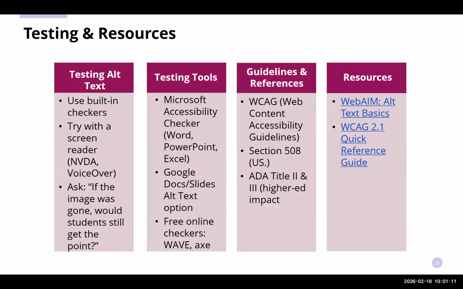When you're checking for alternative text, make sure every meaningful image has an alternative text which is specific and conveys the right purpose of the image. Now, this connects back to the idea that alternative text should give equivalent access to information, not just repeat how something looks.